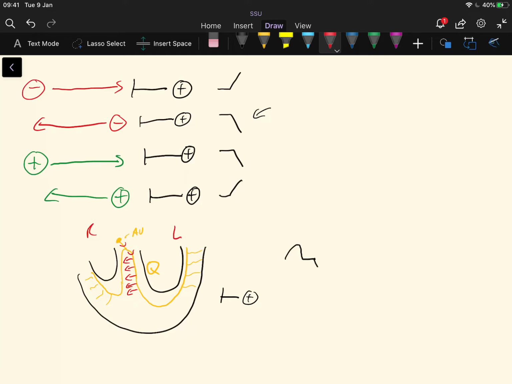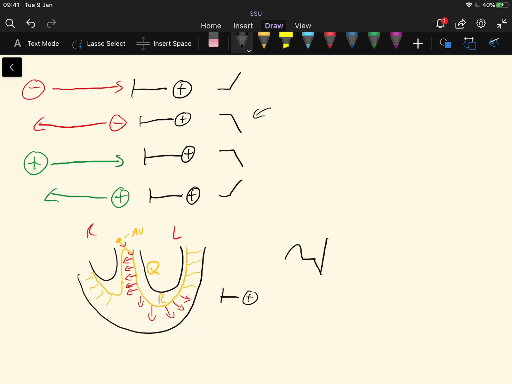Then we have our R, which is here. As that depolarization moves from the bundle branch, it moves down to the apex of the heart, this direction here. In this lead, it's moving down here first, so the Q is probably going to be a little bit bigger. And then it starts moving towards the lead. That gives us an upstroke, like this.